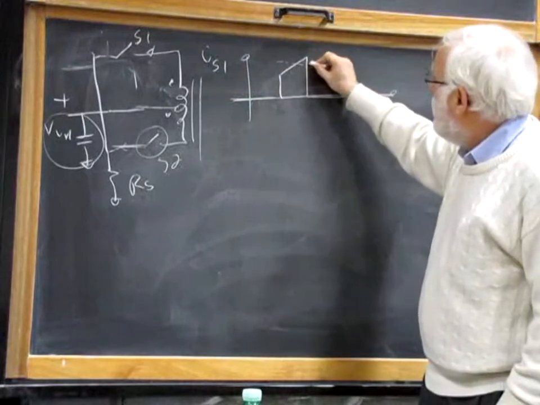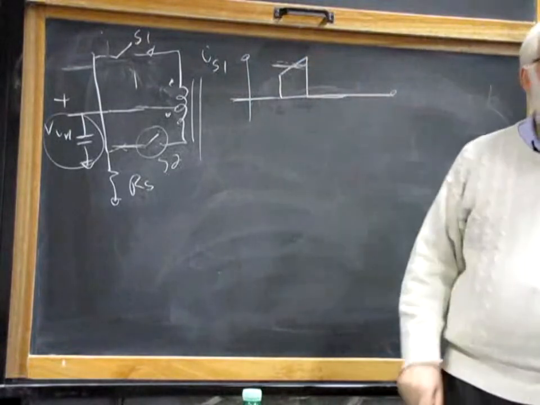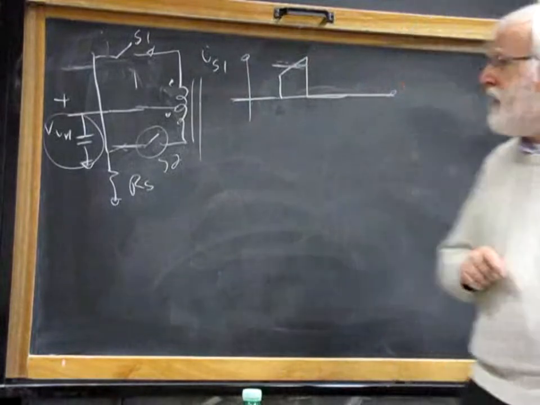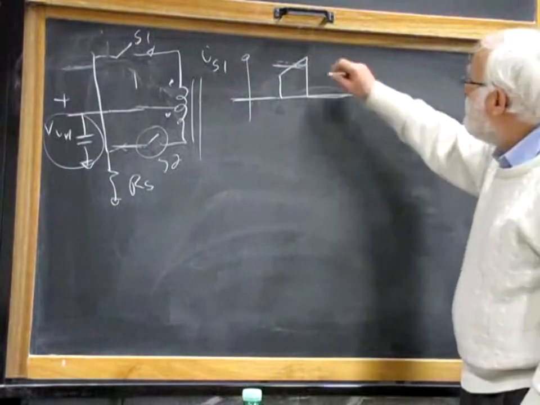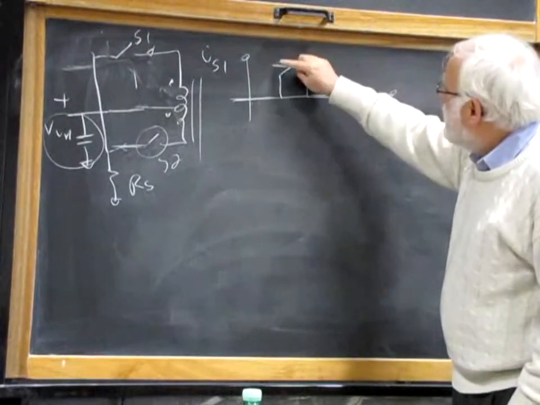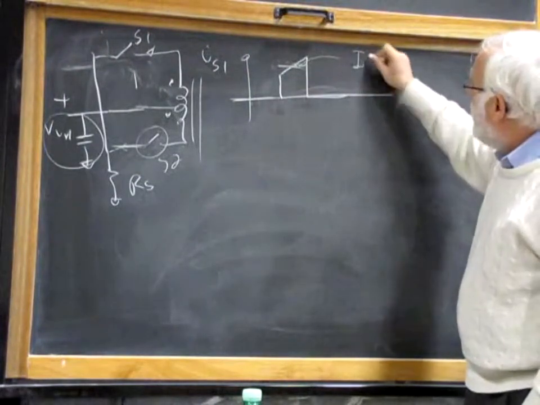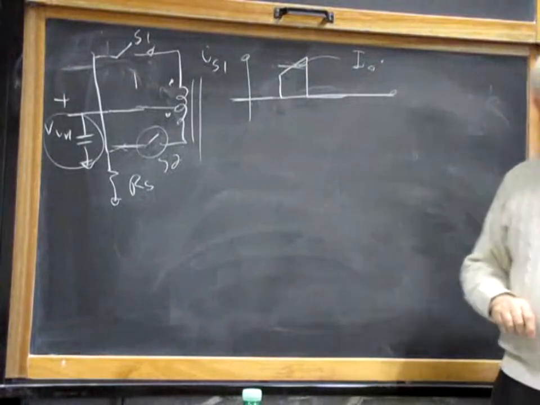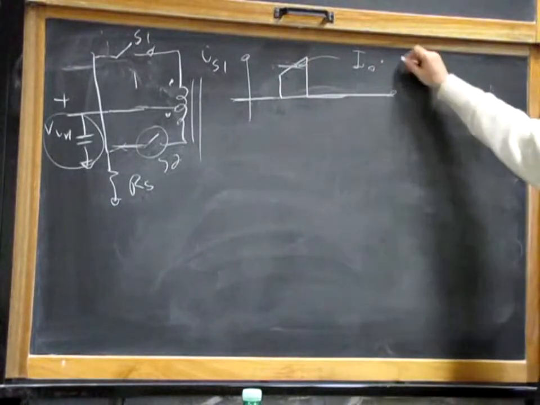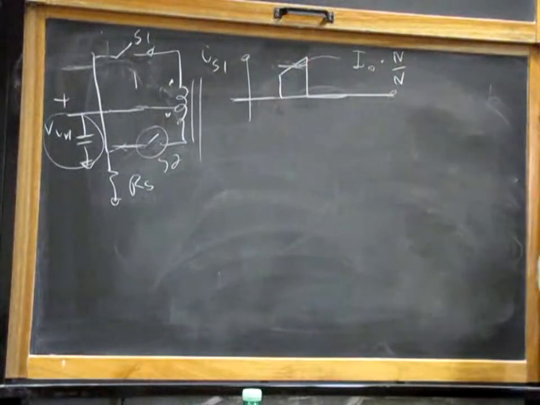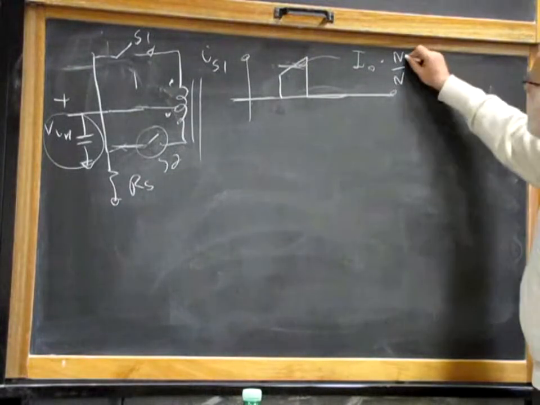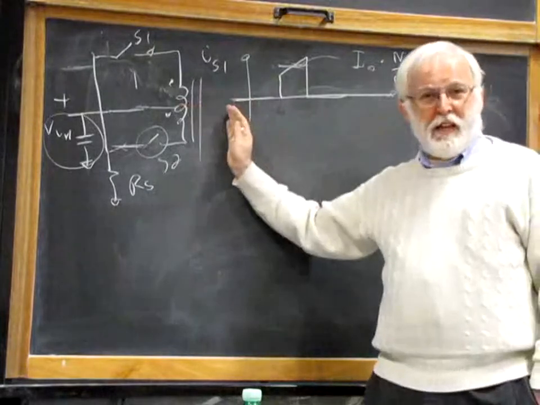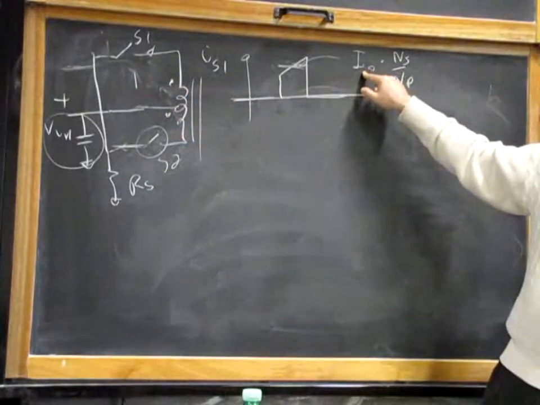And we know that this average flat top approximation, the average of the pulse height, will be something like I naught times NS over NP. Because we are going backward from the secondary to the primary, but we are transforming current, so it's the other way around.